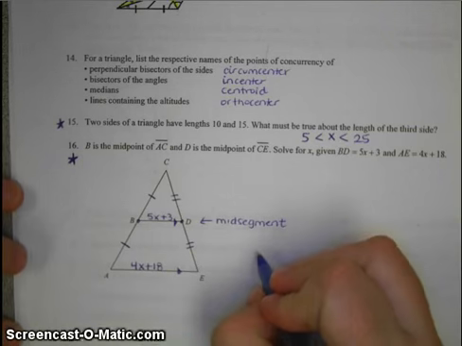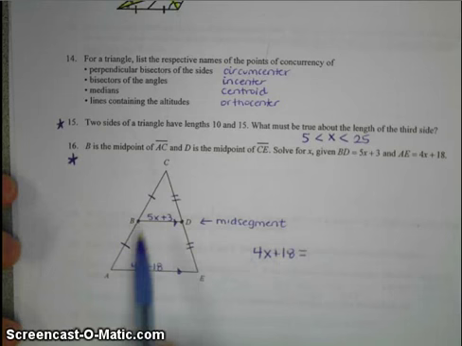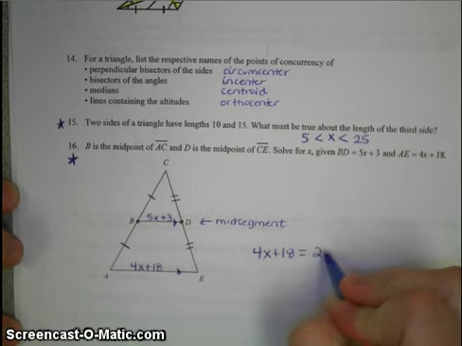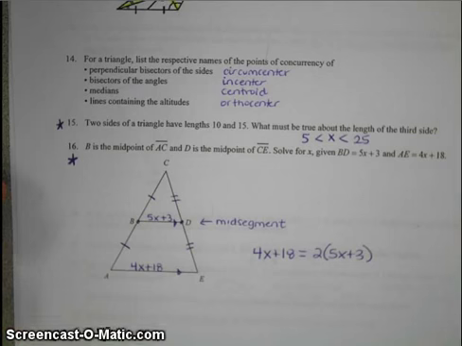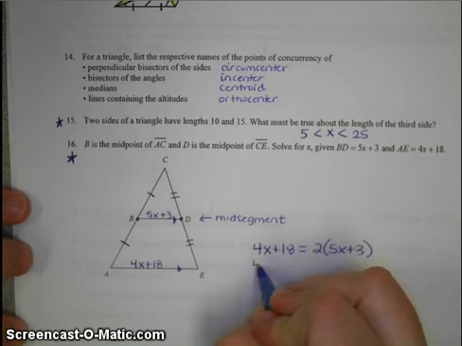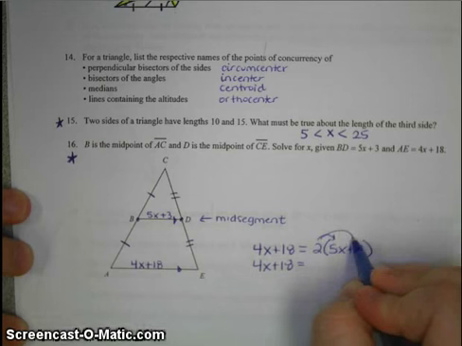I'm going to choose to say that AE, or 4x plus 18, is equivalent to 2 times BD. So 2 times 5x plus 3. So we'll just solve this algebraically. So this side, let's distribute through.